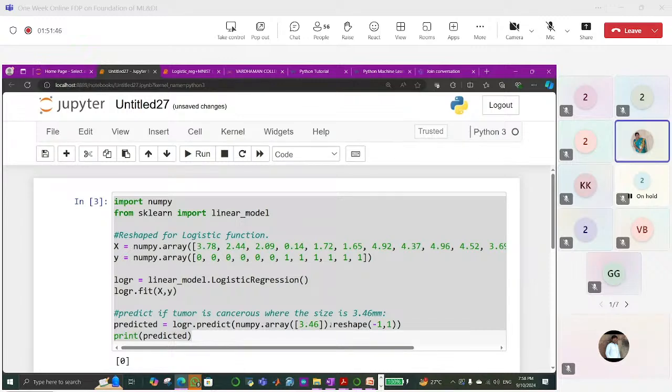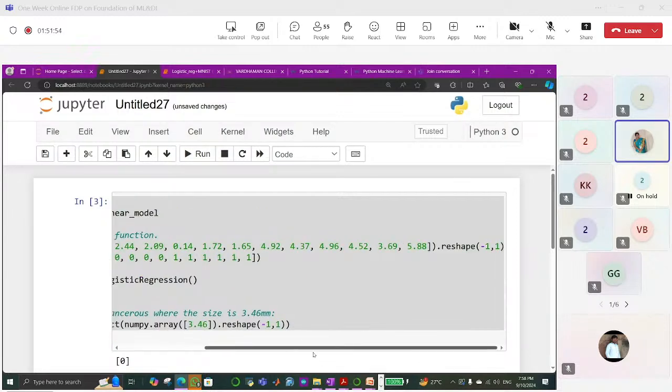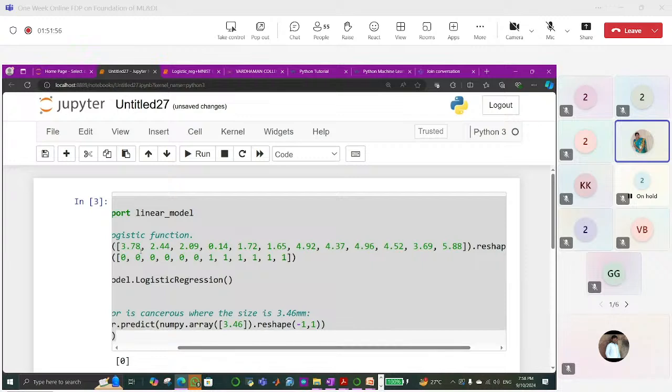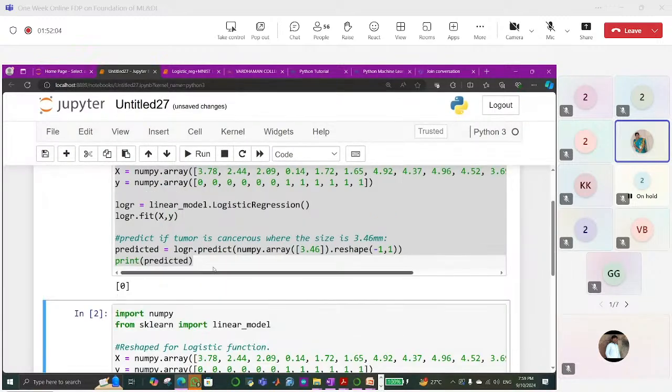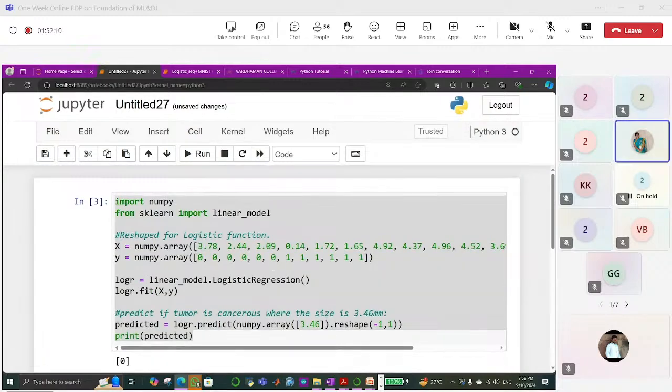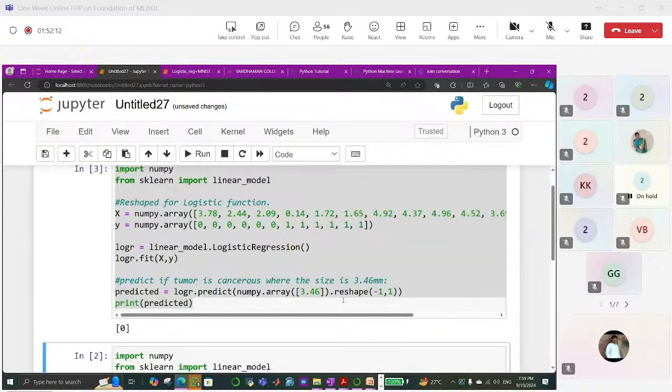So at tumor size equal to 3.46, we predict the output value. Considering our data set value, the output predicted value equals 0. That means the patient does not have any cancer tumor. So based on this size, we can predict this.